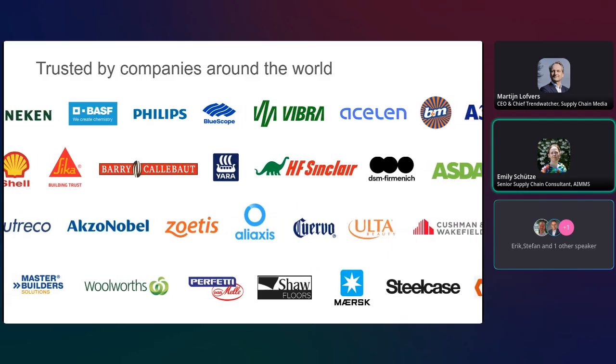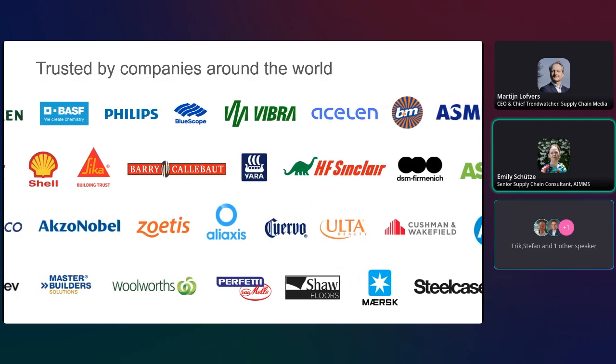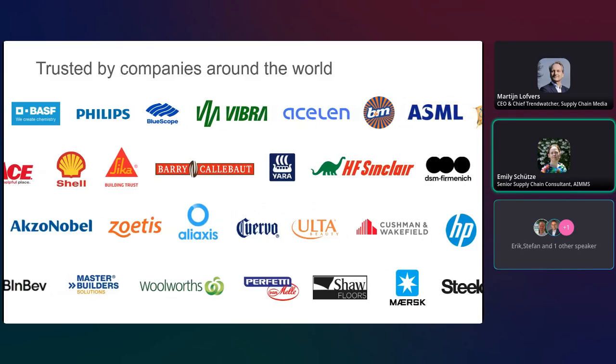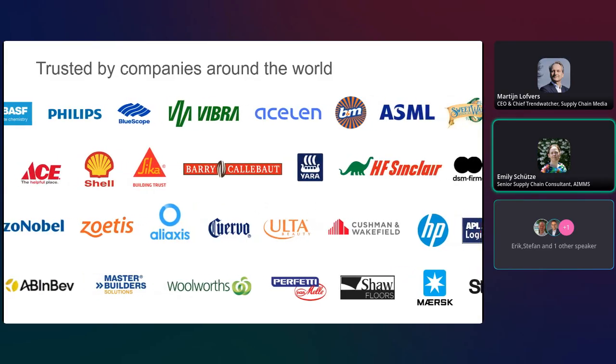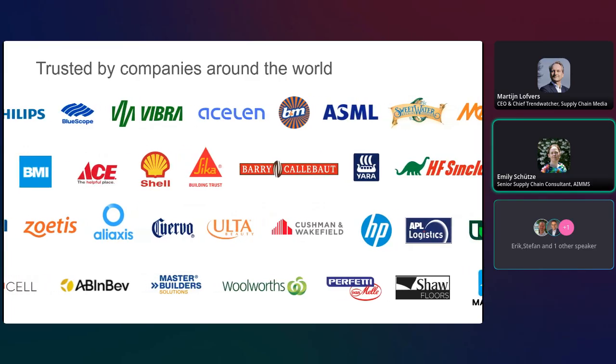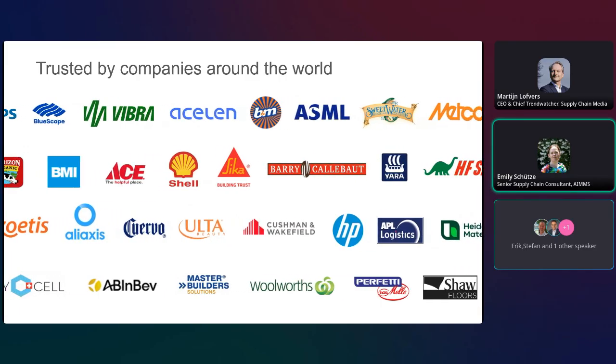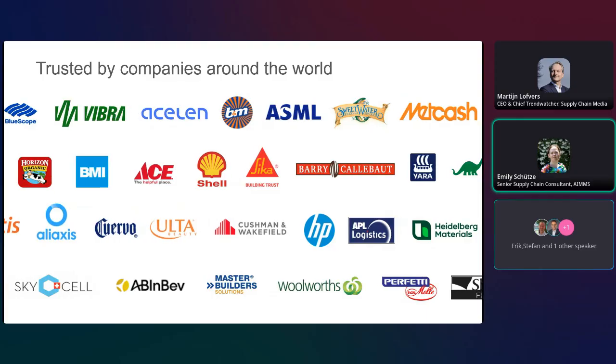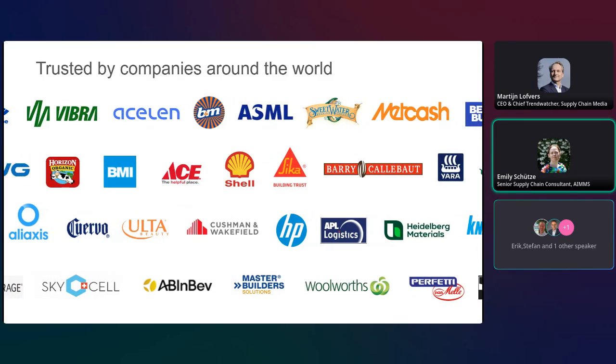Maybe you can tell us a bit more about your kind of customers. Yes, you'll see some very well-known logos there across a lot of very different industries. We're very big in manufacturing. We've got food and beverage companies, pharma companies, retail companies, many well-known names.